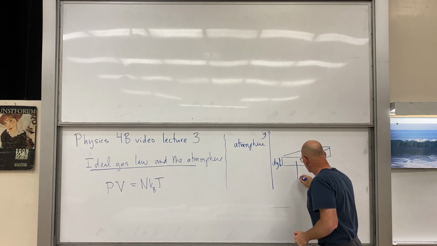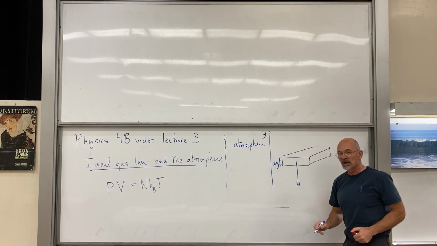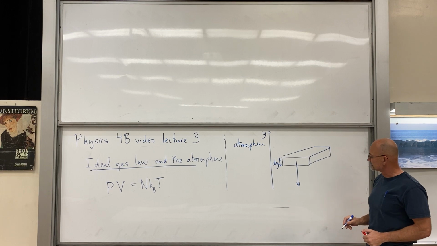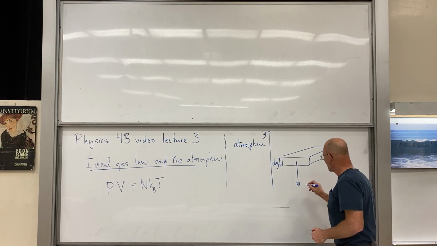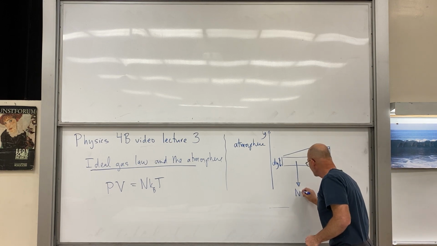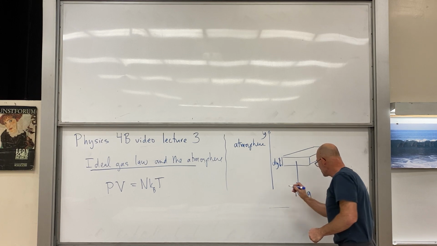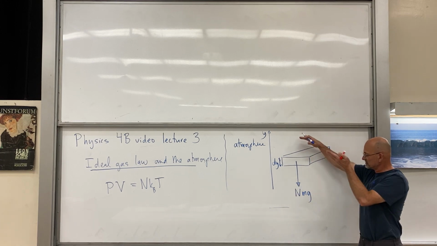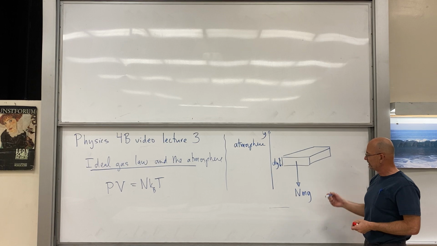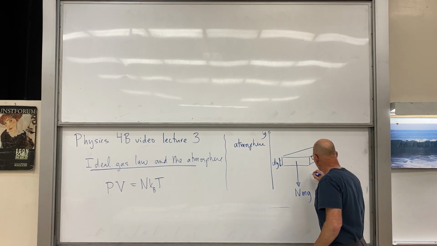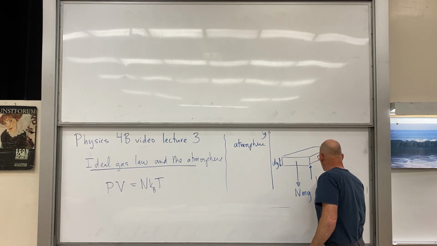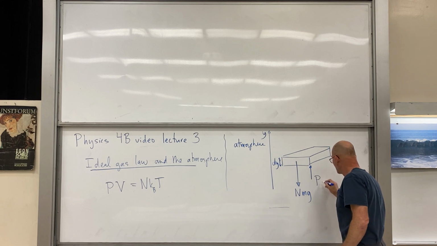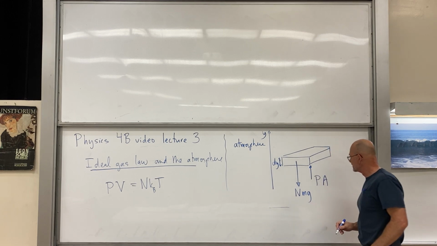And so the air contains n molecules. So we have n times m times g weight, okay? On the other hand, there's also pressure times area.